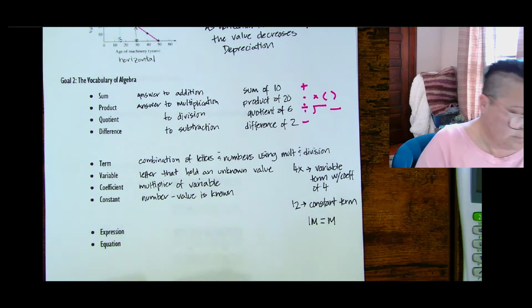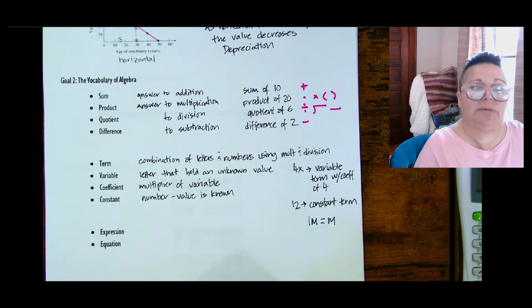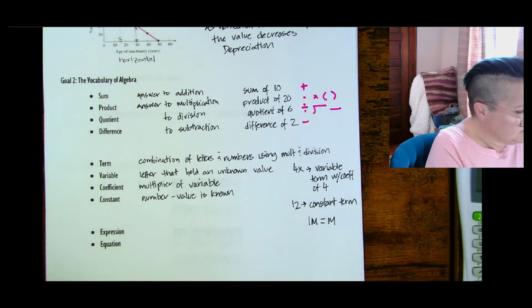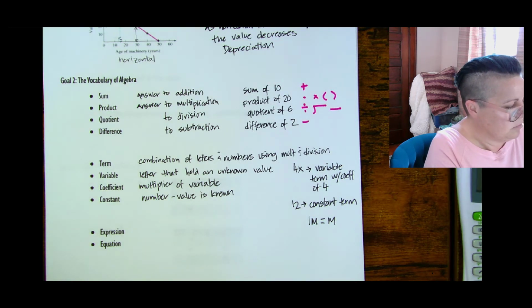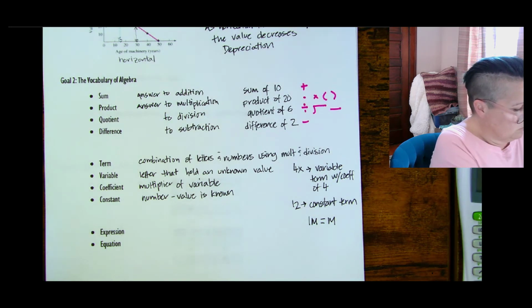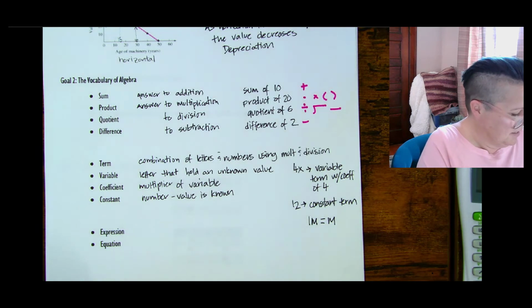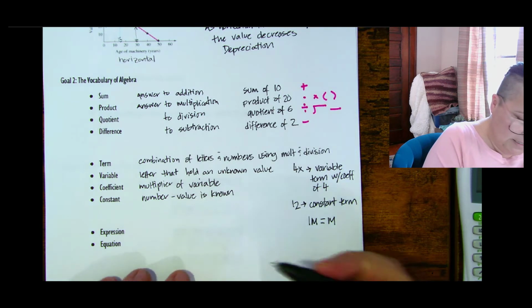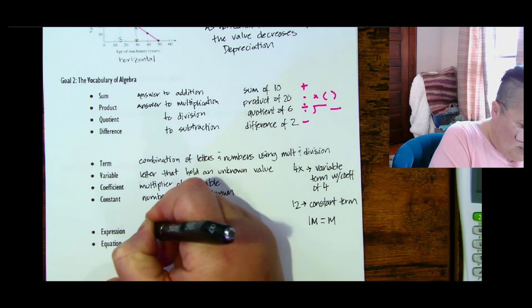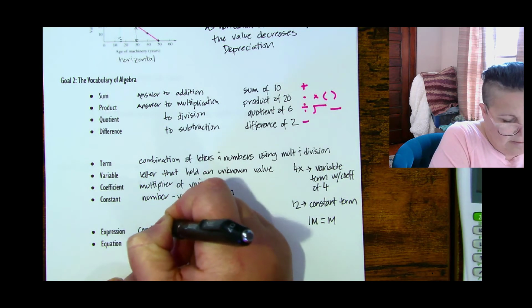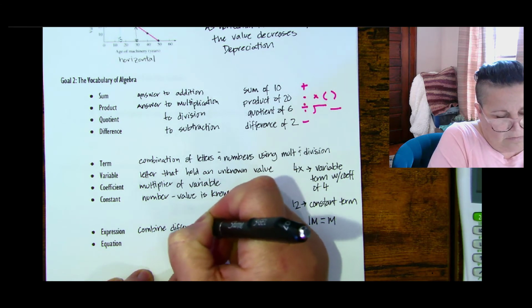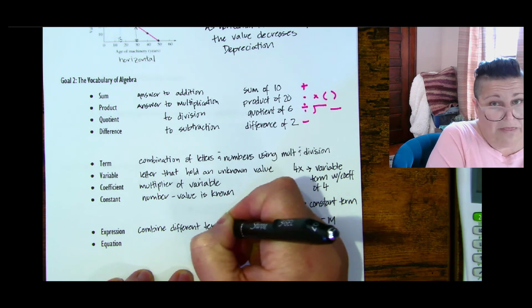Right? What is the difference between an expression and an equation? Well, an expression, where did it go? All right, algebraic expressions are when you combine different terms with operators.